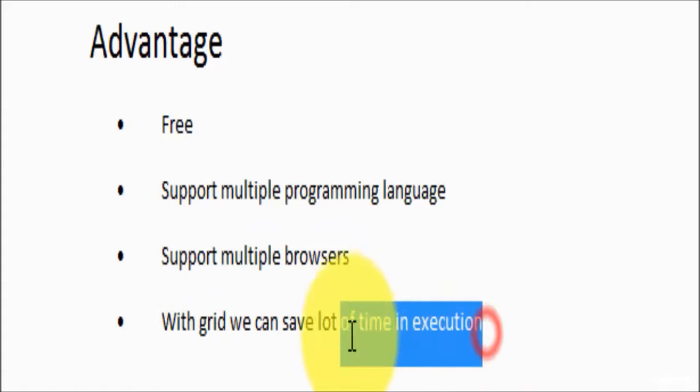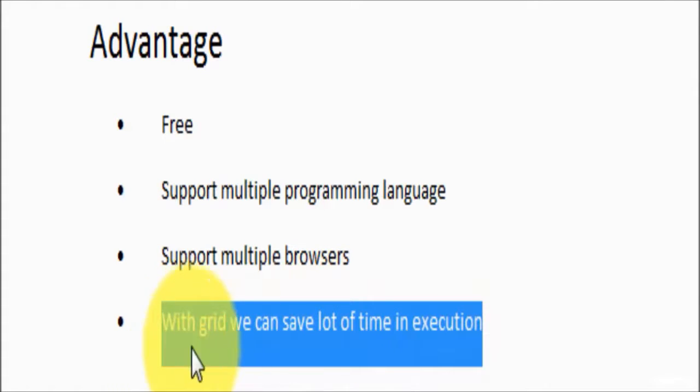Next, and one of the most important advantages, is Grid. With the help of Grid, we can execute our test cases in parallel. Ultimately, we are going to save a lot of time in execution. I can take an example: we are working on a team and we already have 100 automated test cases. Say each test case takes 1 minute to execute.